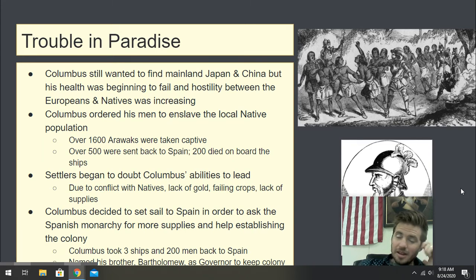Women and young girls were taken because, again, Columbus's crew, or the people on Columbus's fleet, are all men. They'd been away from home for quite some time now, and we start to see that animalistic manifestation within the human psyche, or within the human spirit.